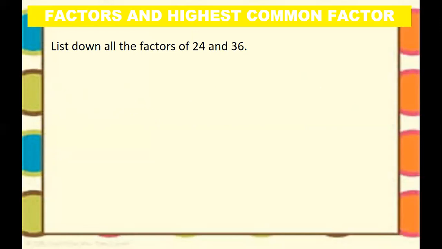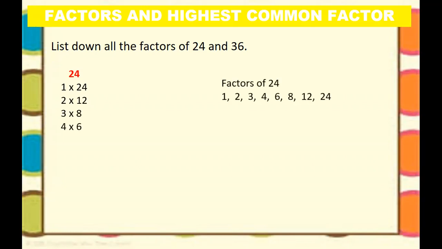List down all the factors of 24 and 36. Remember, when you are listing down, as I told you last time, you have to start from 1 and find the pairs of factors that equal 24. Okay, so let's start with the factors of 24. 1 times 24, 2 times 12, 3 times 8, 4 times 6.